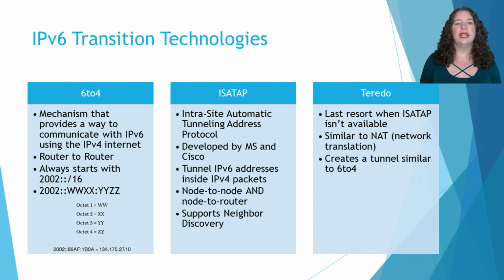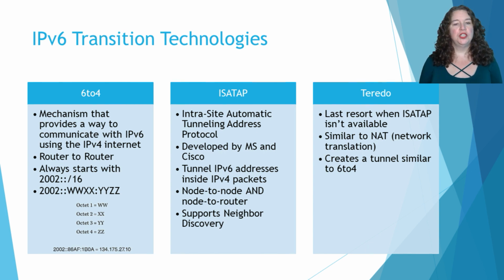6to4 is a way to communicate with IPv6 using the IPv4 internet protocols. It's designed to be used router to router. So specifically one router to the other and be able to talk together. It always starts with 2002::, that's its prefix. And then it uses 16-bit numbers.